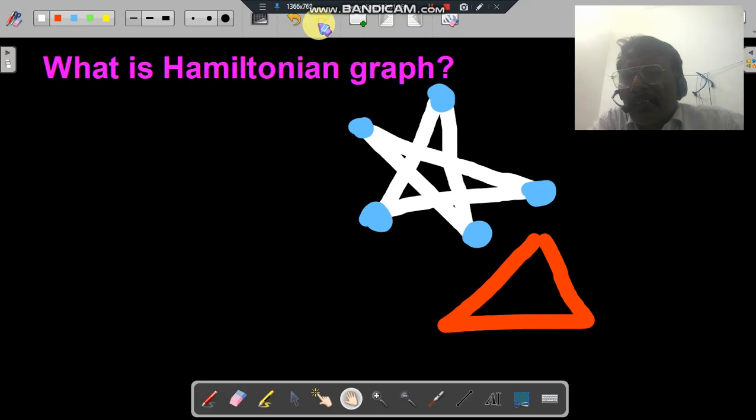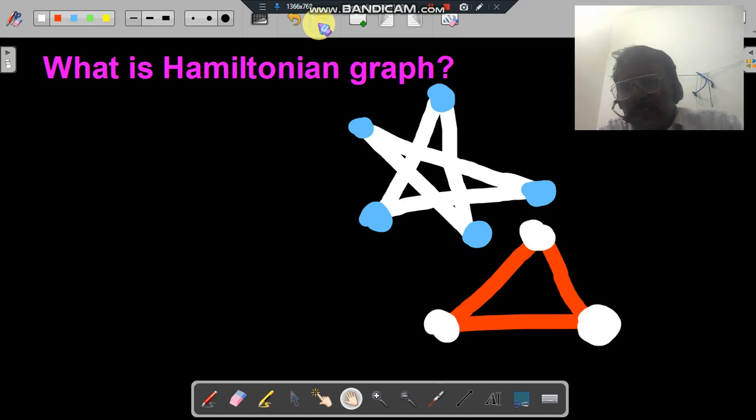This is another graph because it consists of vertices as well as edges. The vertices are joined by the edges. Now let me name the vertices A, B, C, D and E. So in the first picture there are 5 vertices and 6 edges.